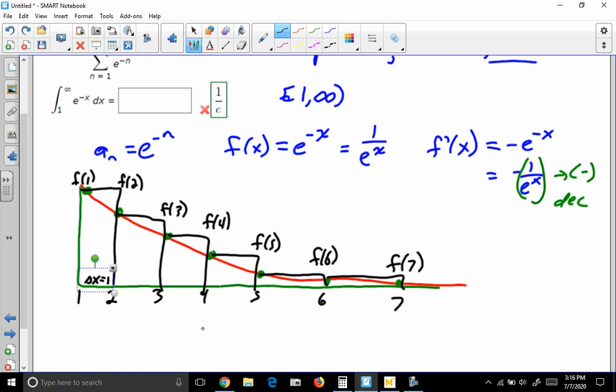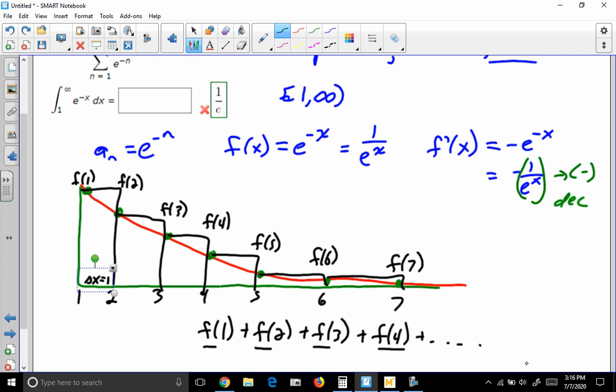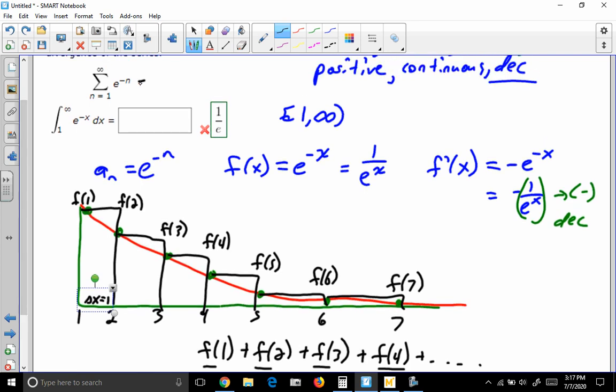So we could approximate the area by just adding f of 1 plus f of 2 plus f of 3 plus f of 4 and so forth. So really these are the values of the sequence. When we're approximating the area underneath that curve with those rectangles, we're really just getting the sum for our series. Sometimes this is going to converge, sometimes it's going to diverge.